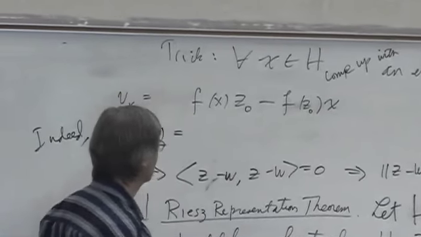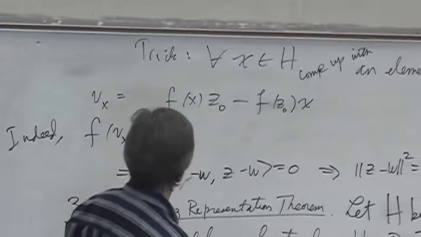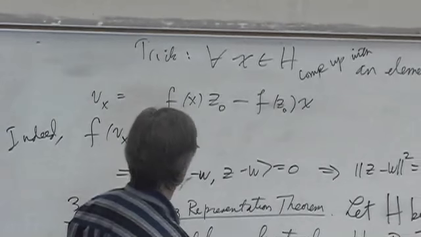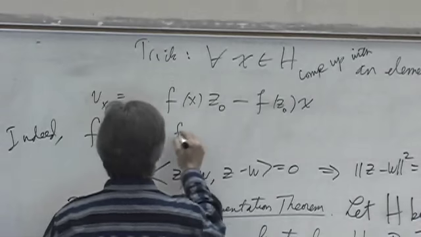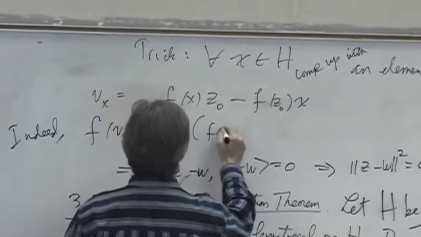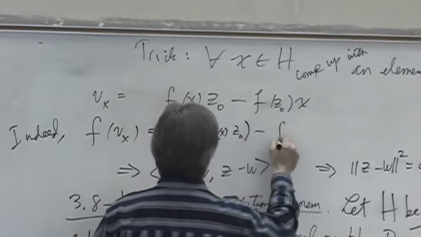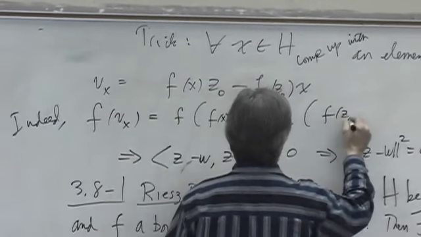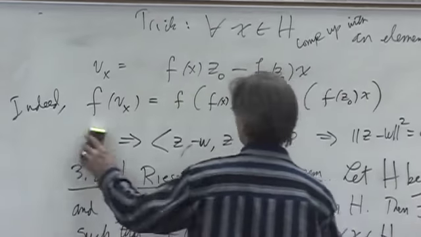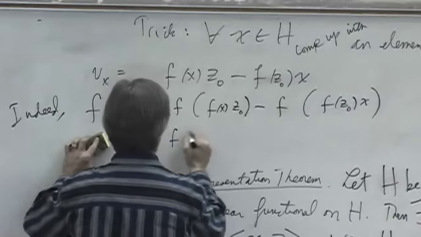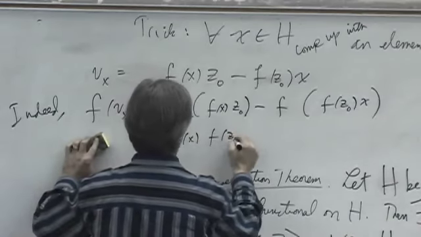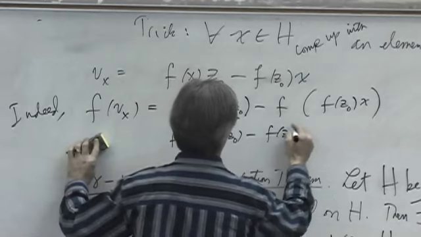It's hard to visualize in the picture, but it's easy to handle algebraically. F of v sub x is f of x times f of z naught minus f of z naught times f of x.